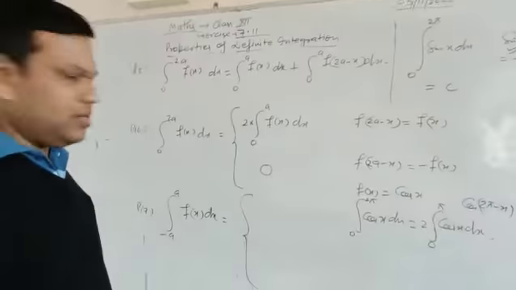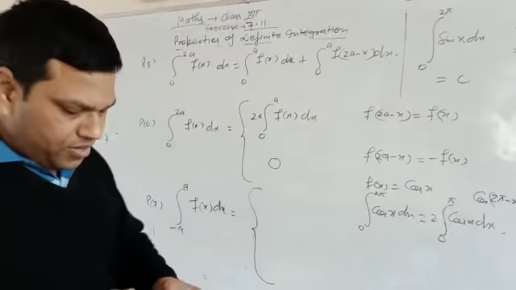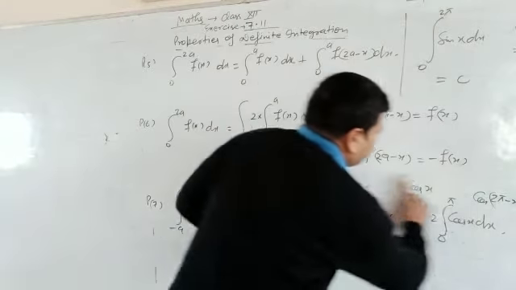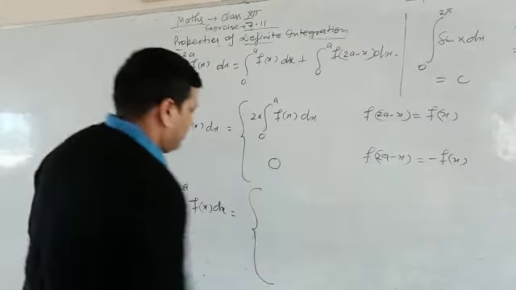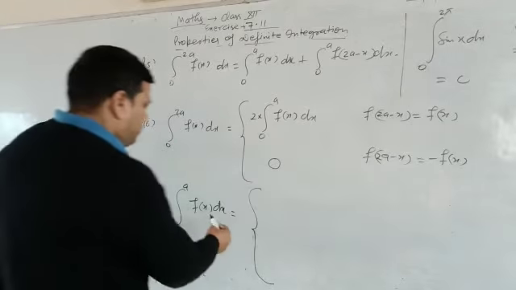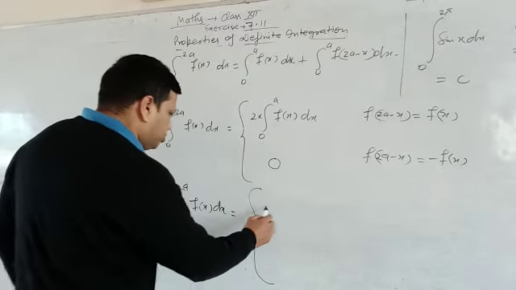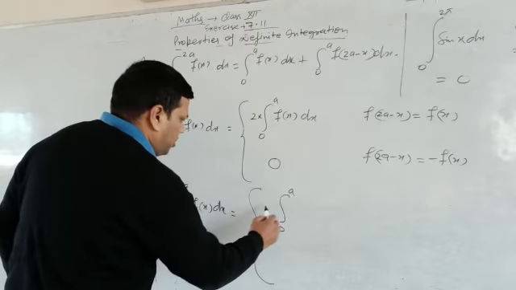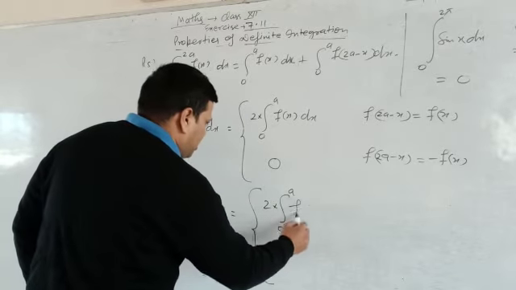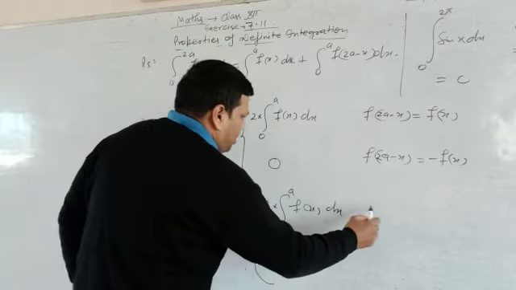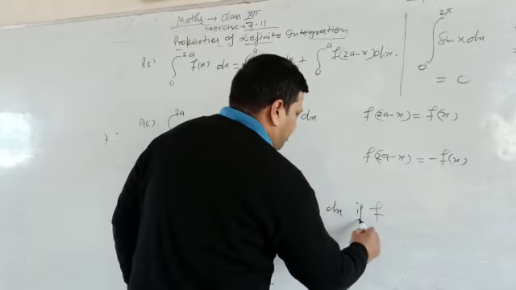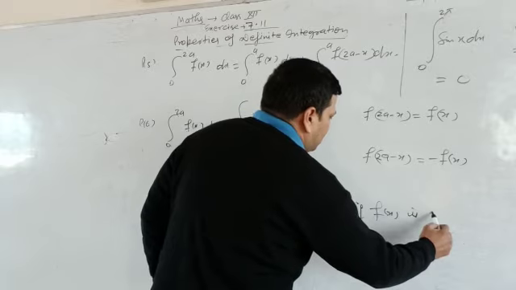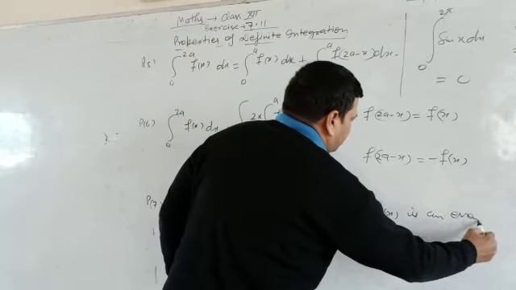Now the last one. If it is the integral from minus a to a, you can write it as twice the integral from 0 to a of f(x) dx, if f(x) is an even function.